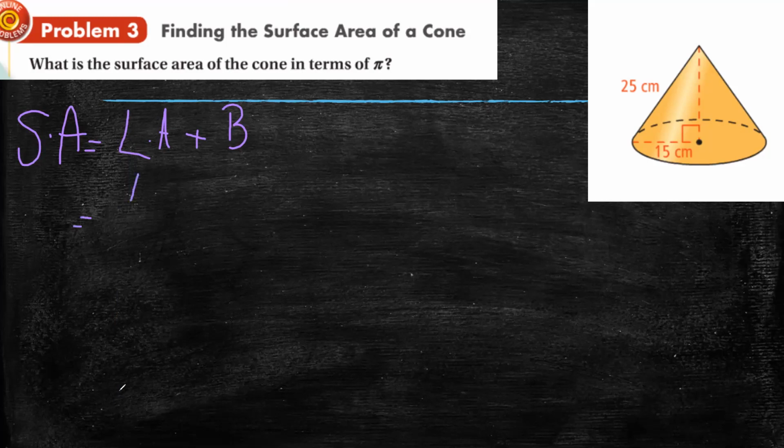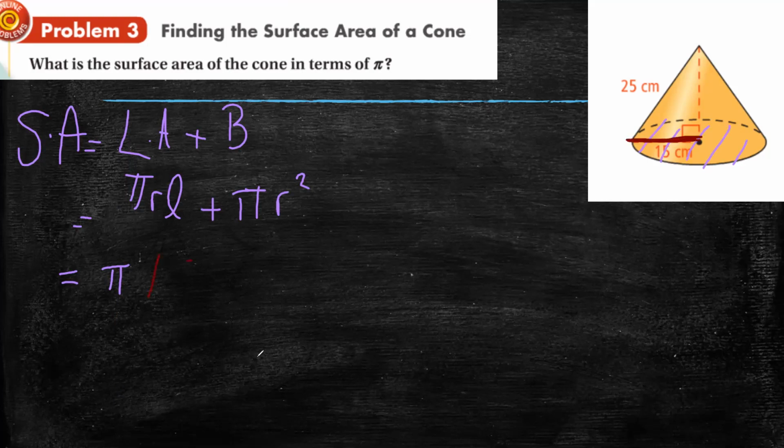It is pi times r times l, and the area of the base, since the circle here is the base, I will write the area of the circle, which is pi r squared. Now where's the radius here? Is it given? Yes, it's 15.